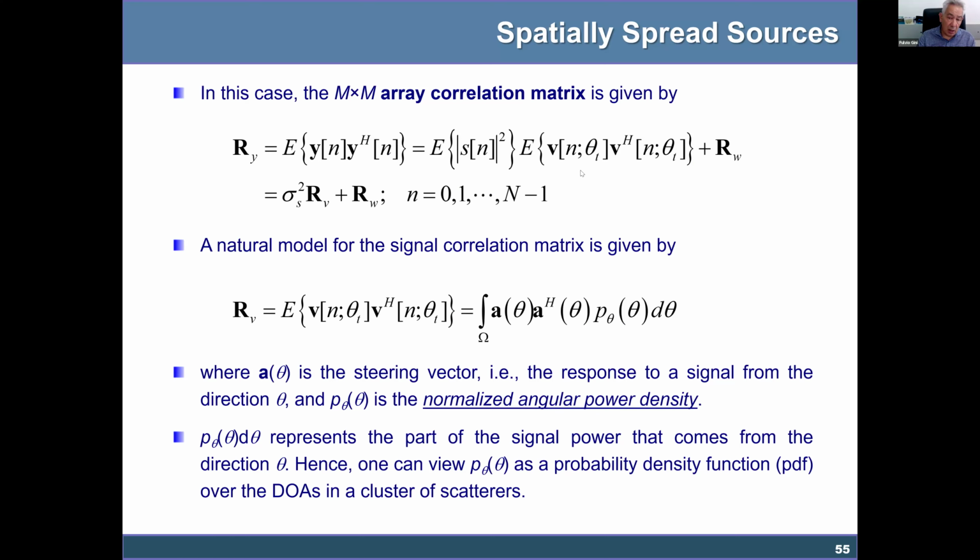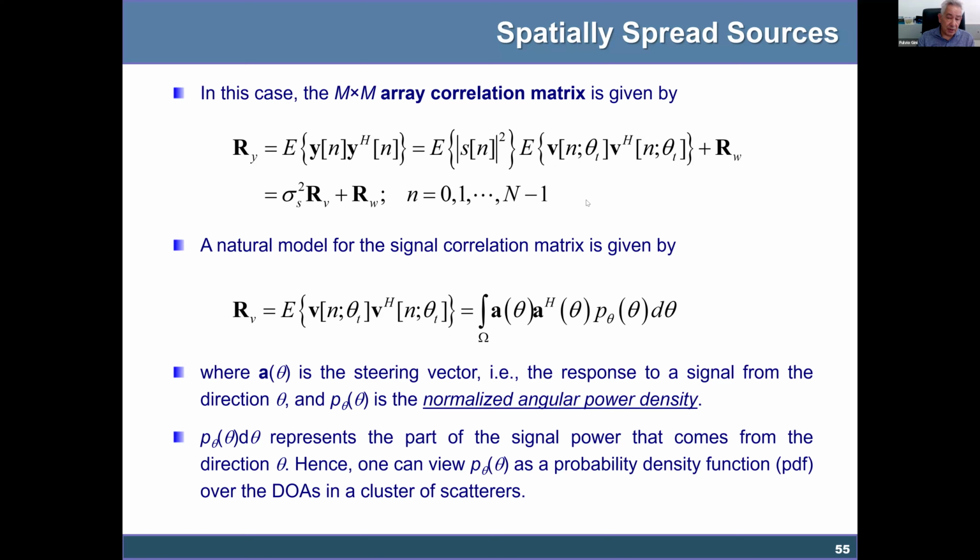Now, what we assume typically is that the covariance matrix of the random steering vector v does not depend on time, does not change with time. And so you get something like this.